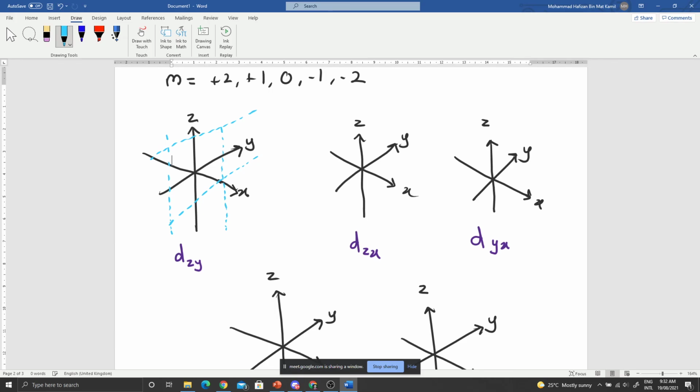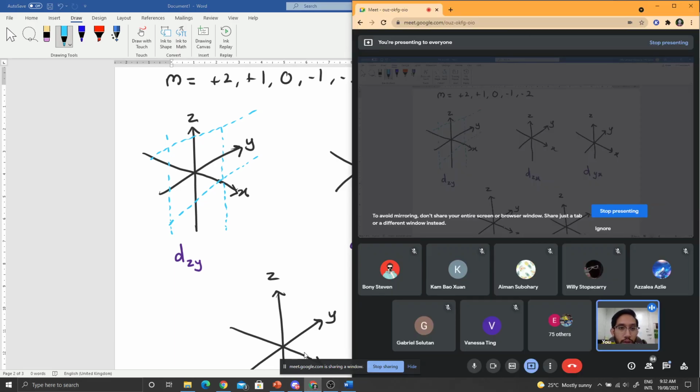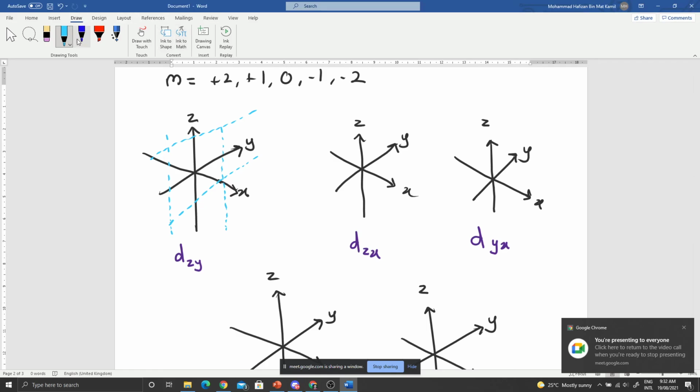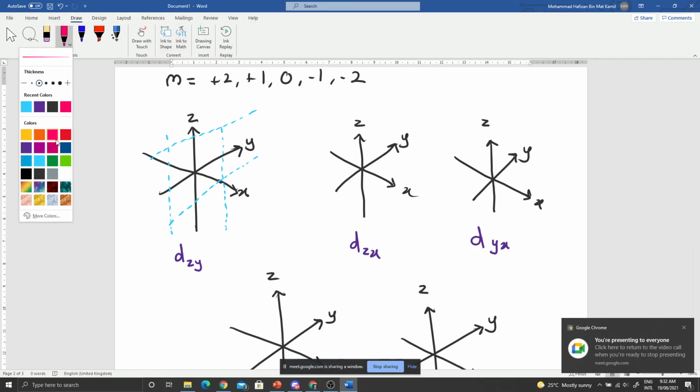okay. So far boleh ke? Okay. So far okay. So you draw the parallel line kepada axis, both of the axis yang ada dalam nama dia lah. Okay. So now untuk lukis the orbitals, okay, I also will use pink.